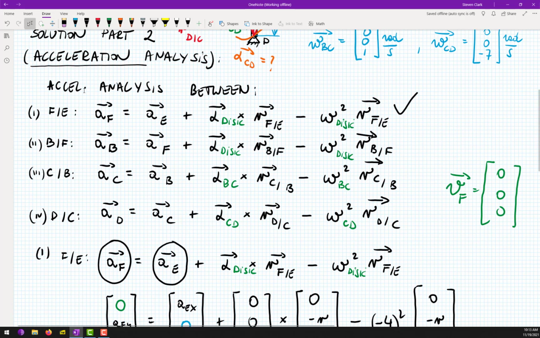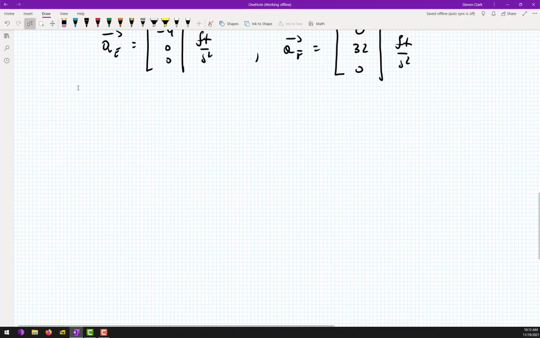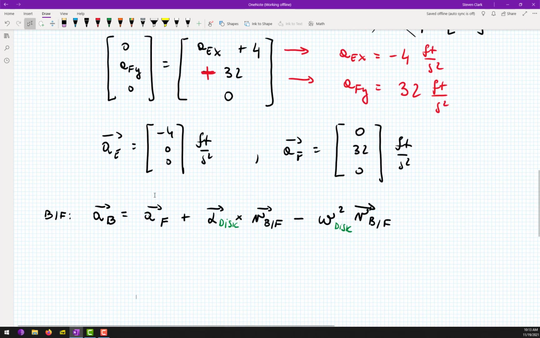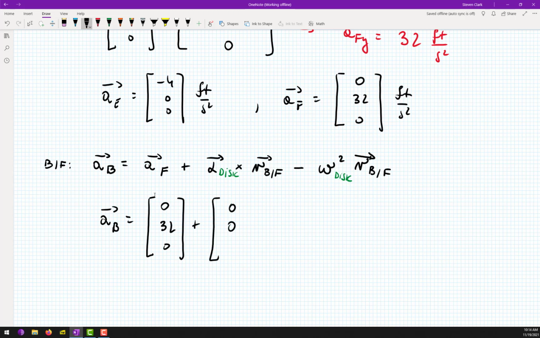Now let's do the acceleration analysis between B and F. So now this one. AB will be equal to what we just found, 0, 32, 0, plus alpha 0, 0, 2 times this vector.